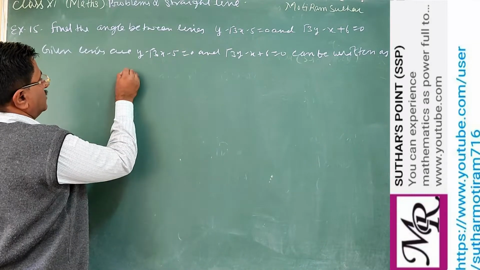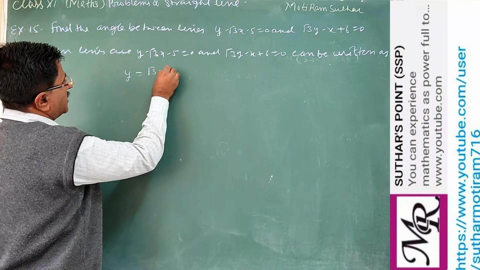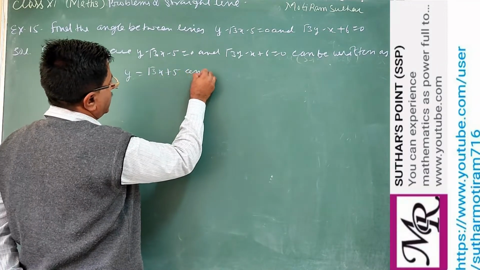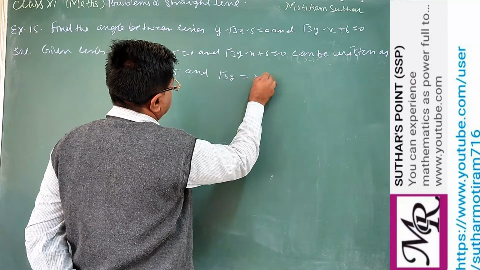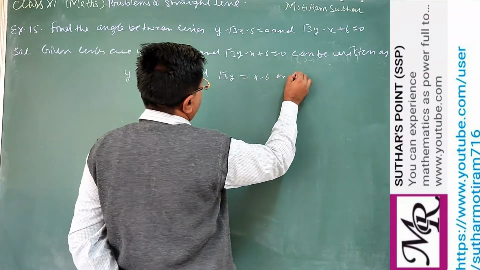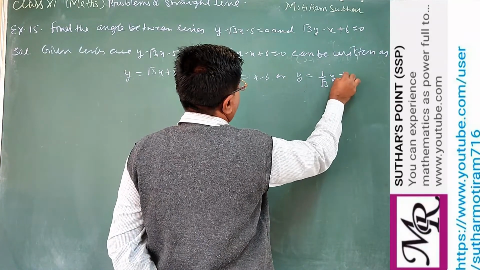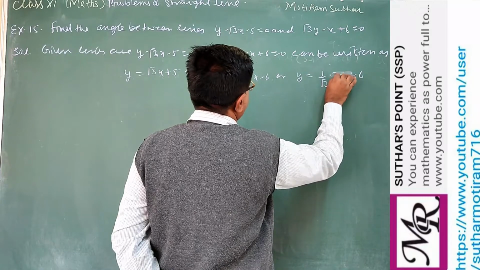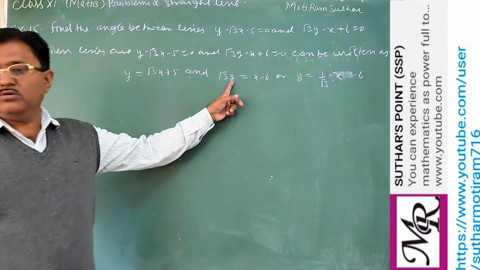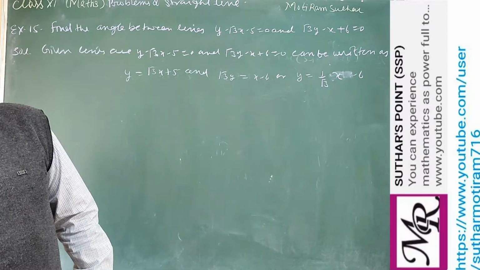So y equal to root 3x plus 5, and this can be written as root 3y equal to x minus 6, or y equal to 1 by root 3 x minus 6.